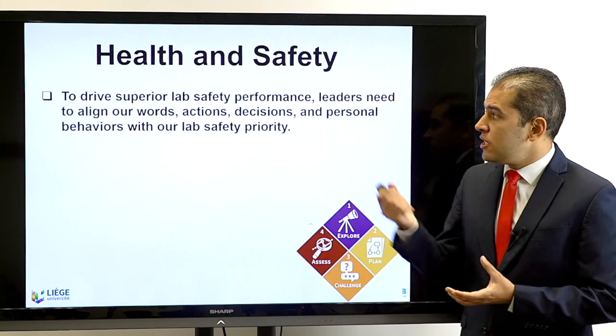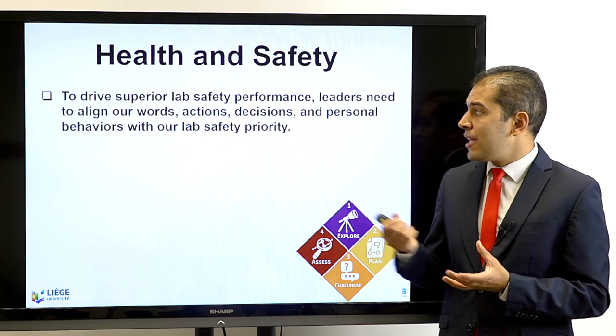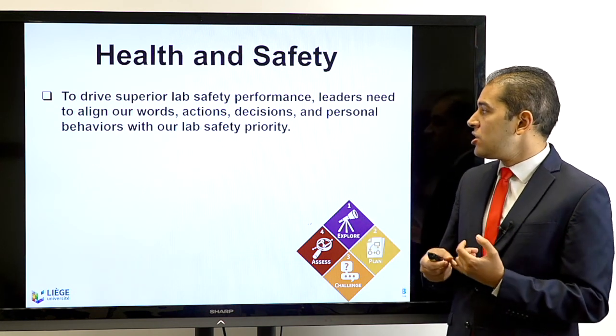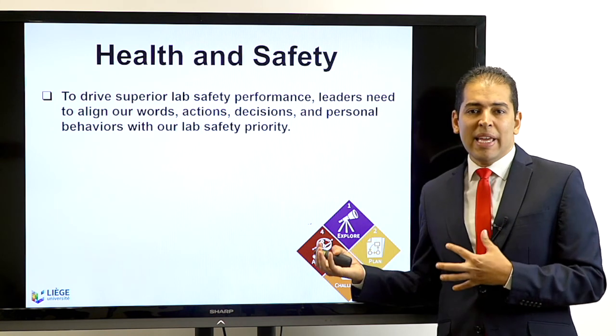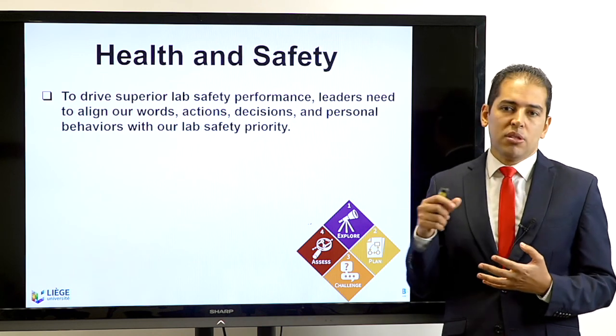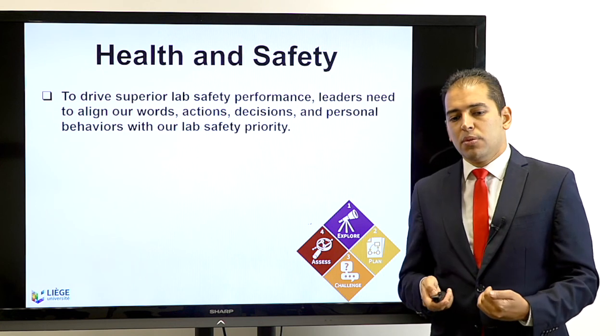Another important factor here brings us to health and safety. To drive superior lab safety performance, leaders need to align their words, actions, decisions, and personal behaviors with the lab safety priorities. You must have very strict protocols and standards; safety must come first. You must have a safety officer, and you must make sure that the safety protocols are respected.